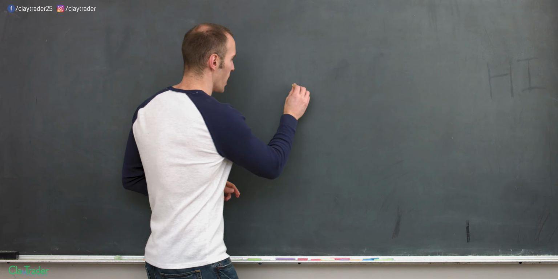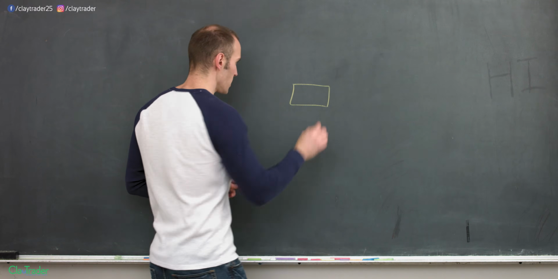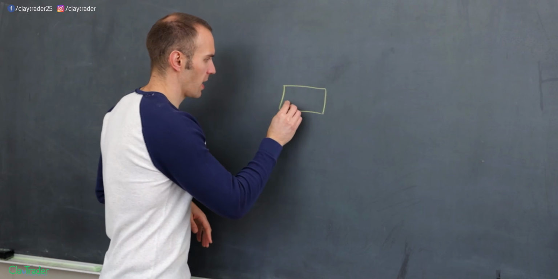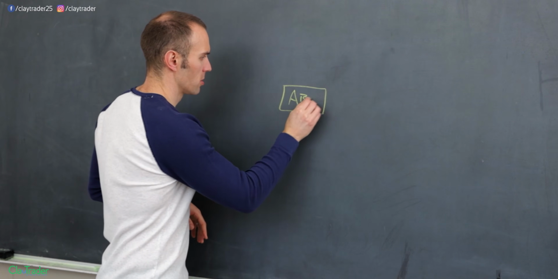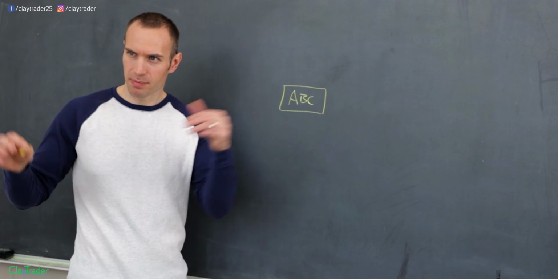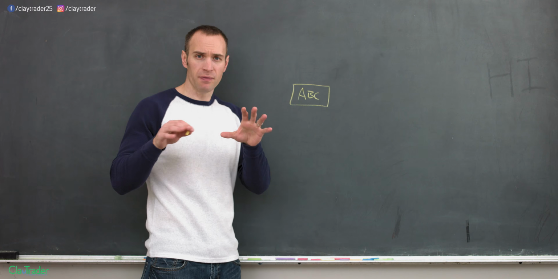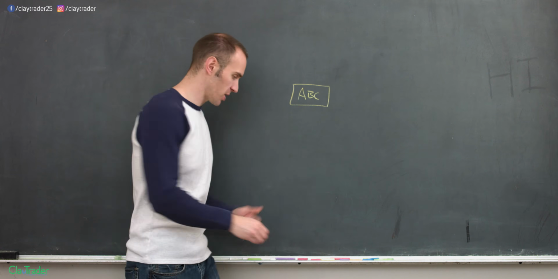So the best way to illustrate this is to map out a couple of different scenarios. Right here we have a stock, and this stock is ABC. See, my creativity is just off the charts. You have two different people looking at this stock.